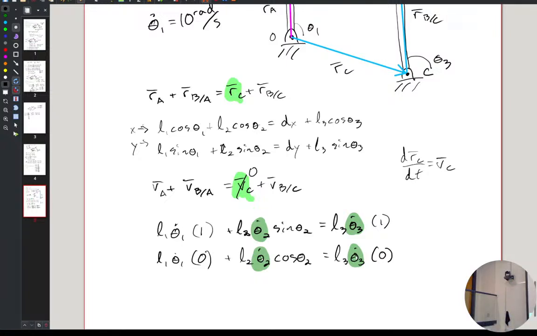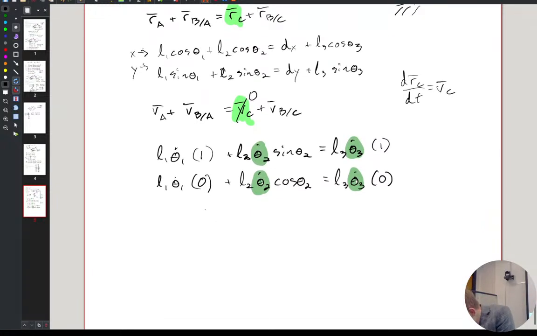We know that it's not 0. L2, I mean, it could have been 0, but that would have been weird. So that one's not 0. The only thing that has to be 0 is theta 2 dot. Nice. A little easier to solve this system, right? So many zeros. Zeros are great. It makes everything so much easier. Or you could say approximately 0, if you're worried about the round off error.